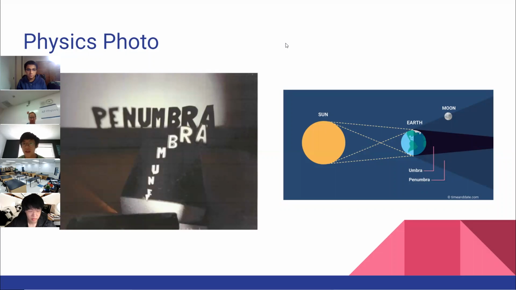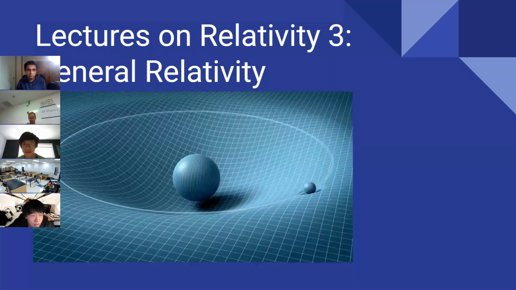Whereas R and A are very clear because the lines are already very parallel, and so the shadow is crisp. But today we will learn that in a space sense, there will be curvature of light, and we will explore that. So that introduces us to our topic for today, which is general relativity.